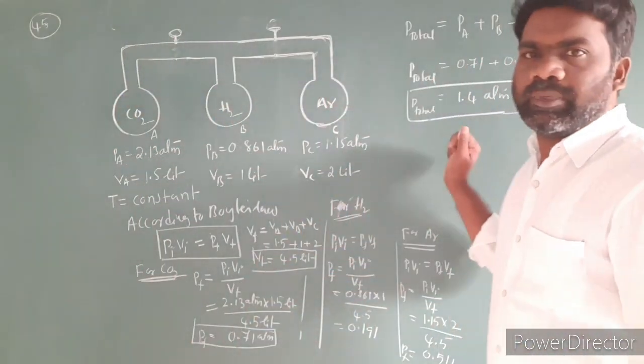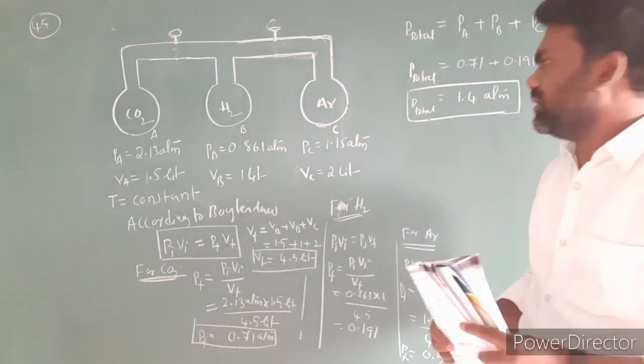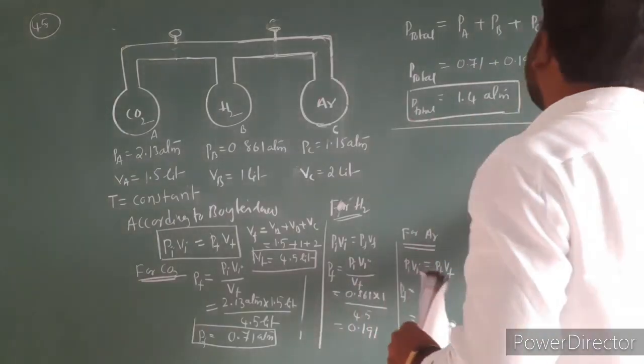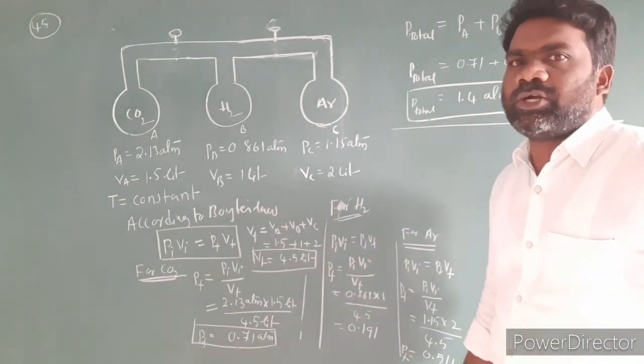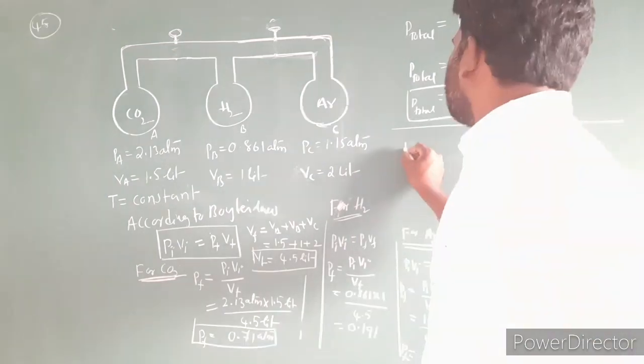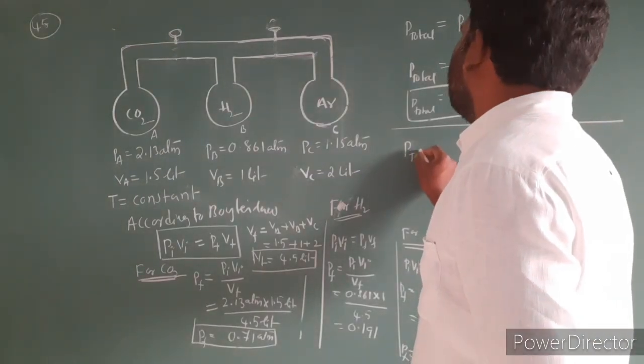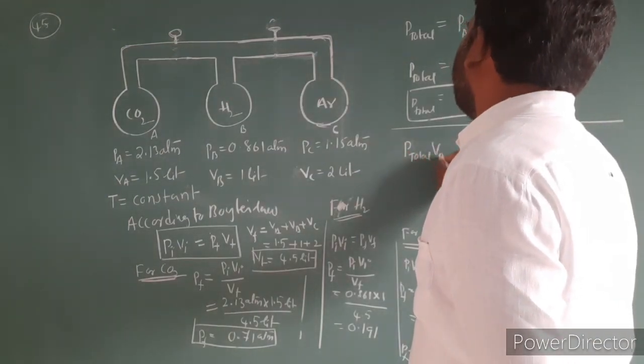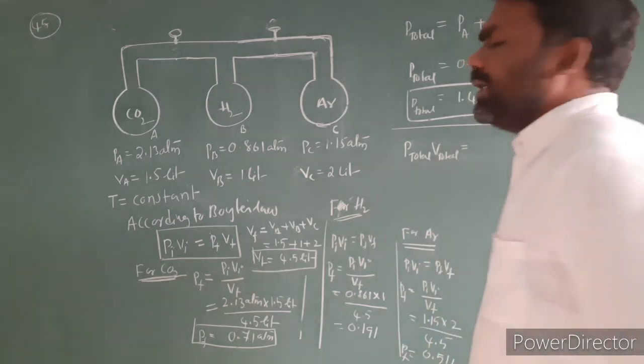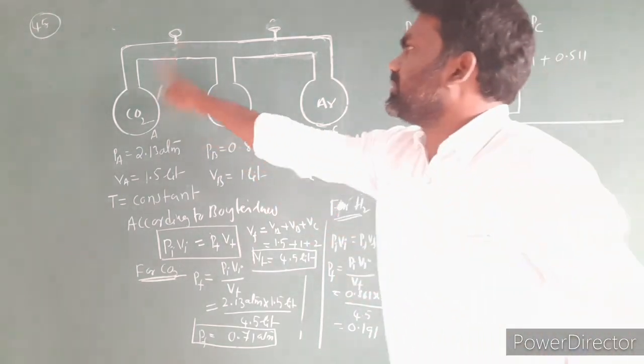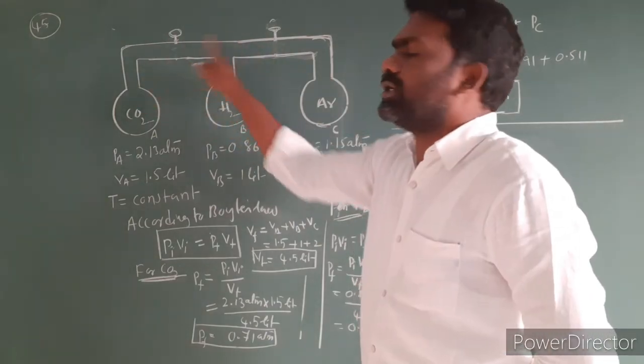The same problem we can solve in another way. Instead of taking this long procedure, in a short way you can solve the problem. So P total V total, when the stopcocks are open, we can take the total volume.